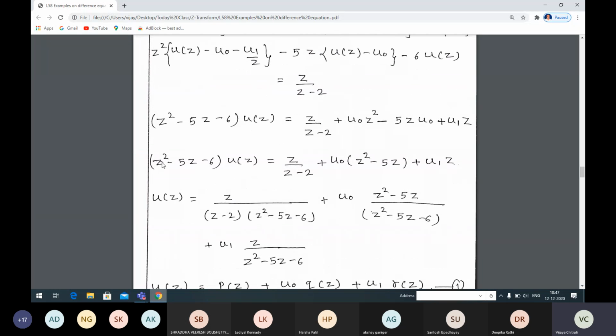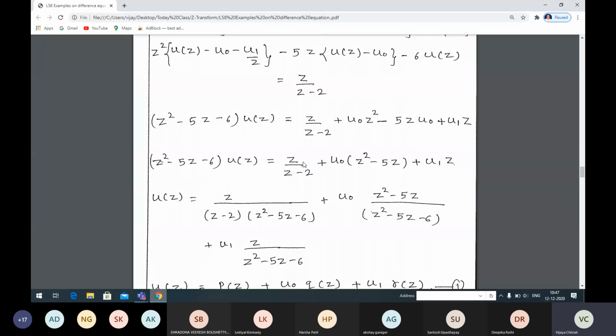Now (z^2 - 5z - 6) U(z) is equal to z/(z-2), and u_0 is common for both the terms: u_0(z^2 - 5z) plus u_1 z. So we want U(z) equal to, so transfer this z^2 - 5z - 6 from LHS to RHS.